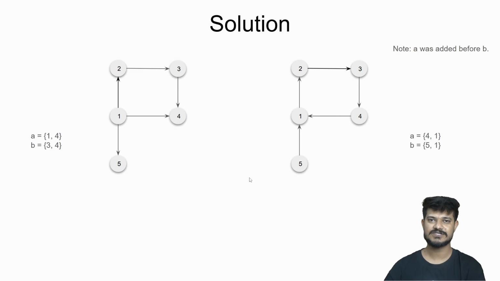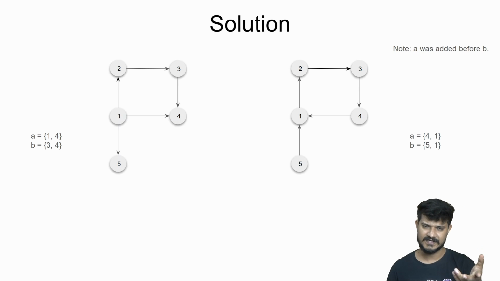So the solution is simple. First of all, find out which node has two parents. Just go through the edge list and find the node which has two edges pointing to it, two parents basically. If it has two parents, just save both of those edges.